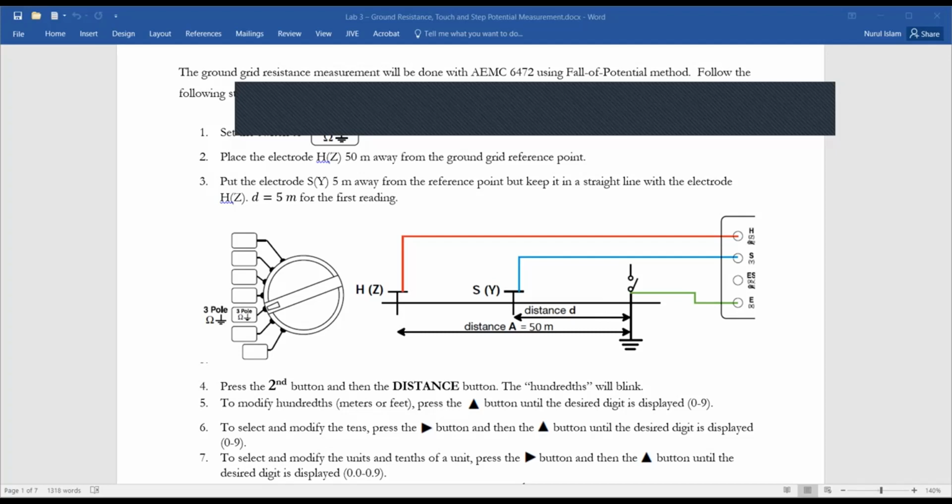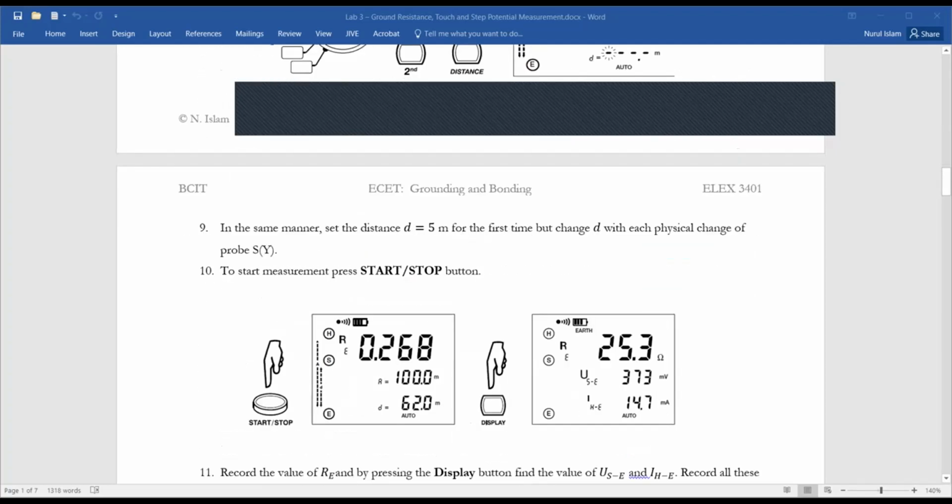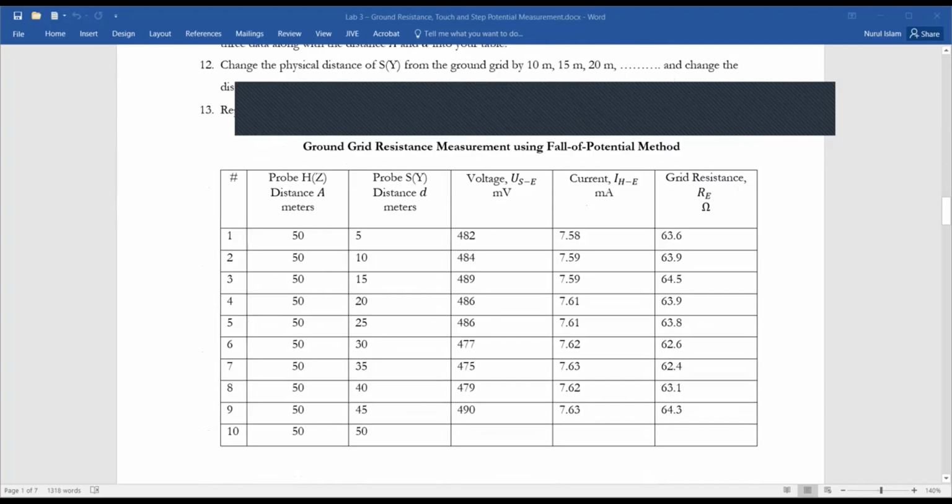Okay, and definitely we have to set up this distance, the main distance, which is A. For our lab purposes we are using 50 meters. The distance we are using here is the main distance, 50 meters, and the Y auxiliary electrode we are placing at different distances from the reference.